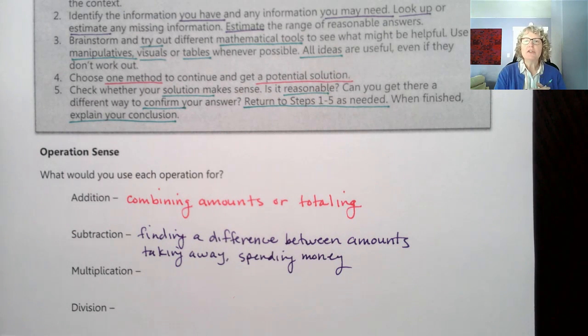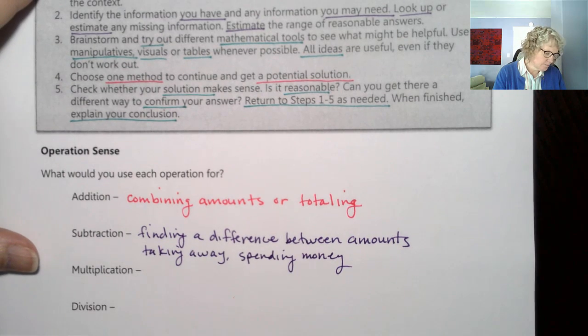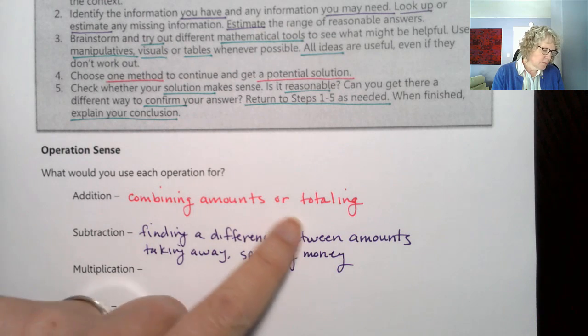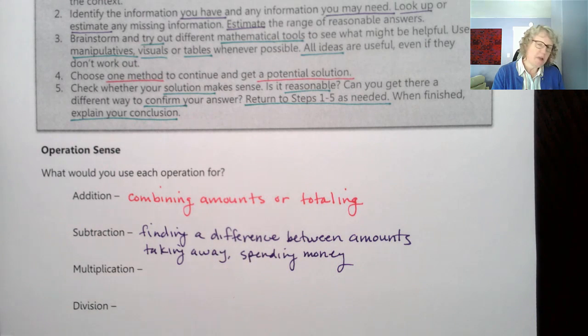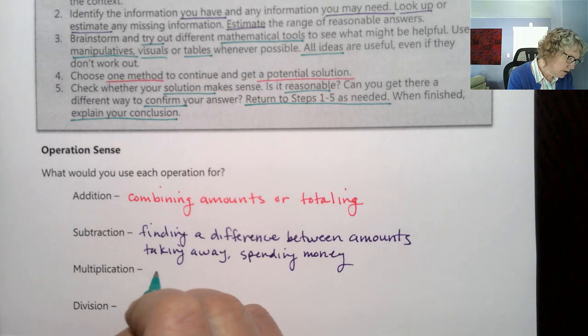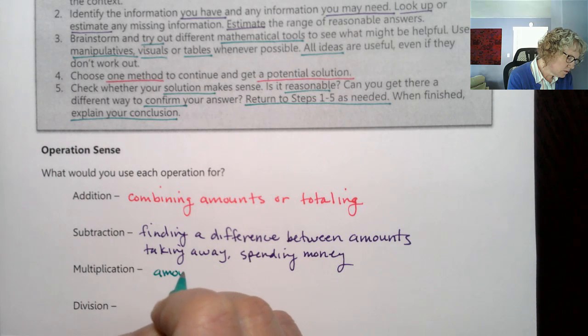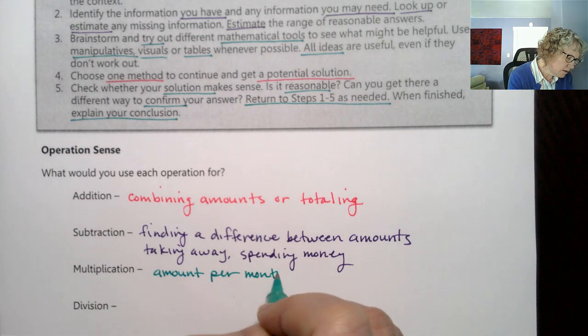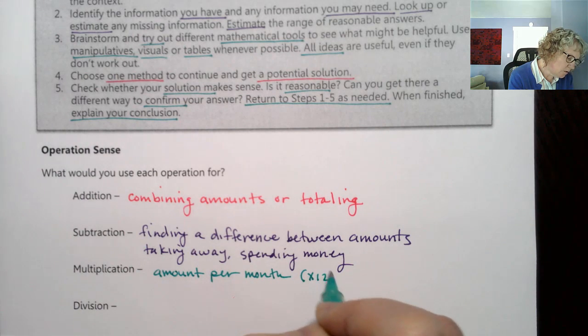Okay, now think about multiplication. When do you multiply numbers? So often we're sort of combining or totaling, but it's a repetitive amount, like per month or something. So if you have an amount per month, that would be times 12, right?